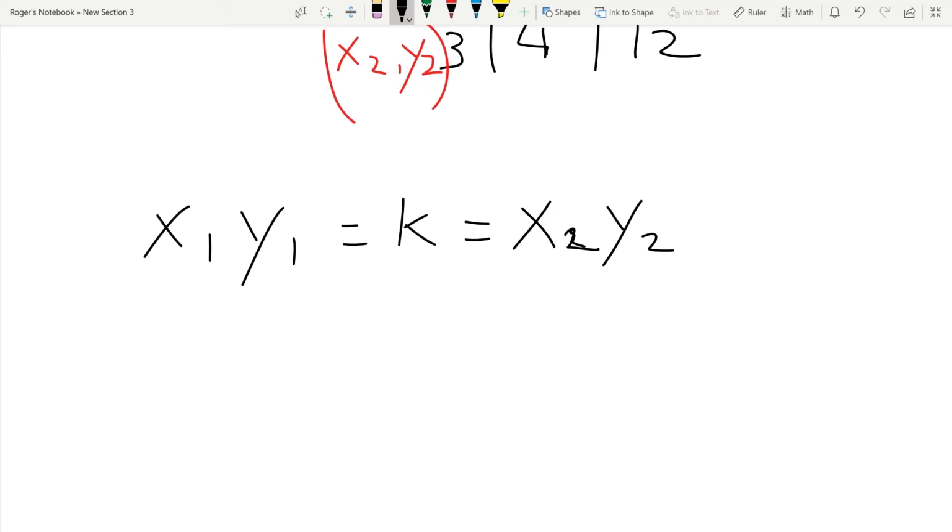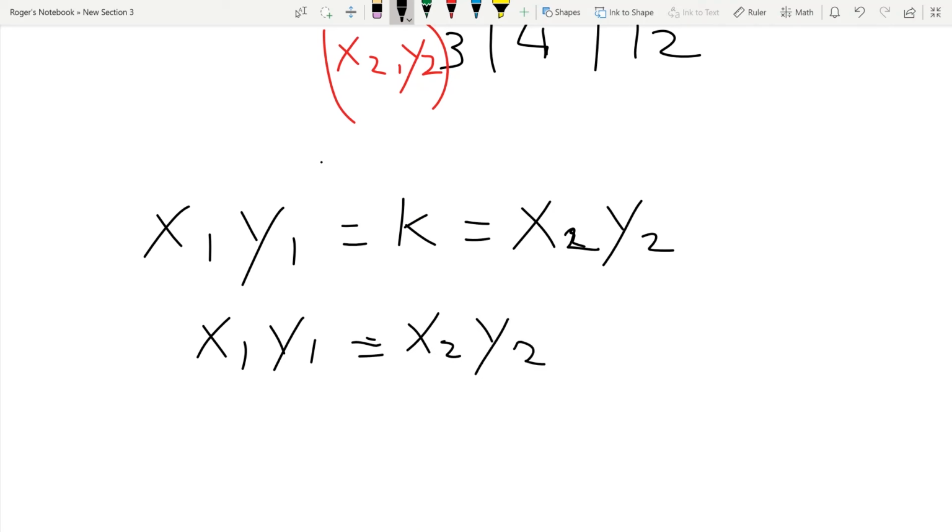So it remains constant. In this case, the k is always constant as well, no matter which 2 points you pick. So we have x1, y1 is equal to x2, y2.